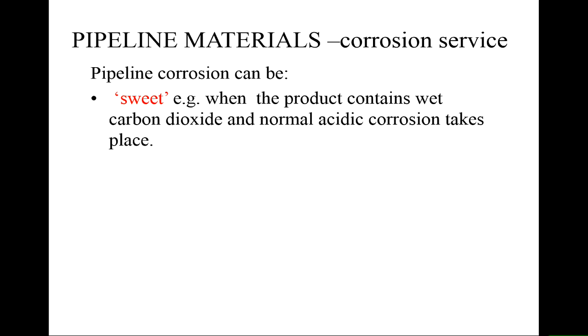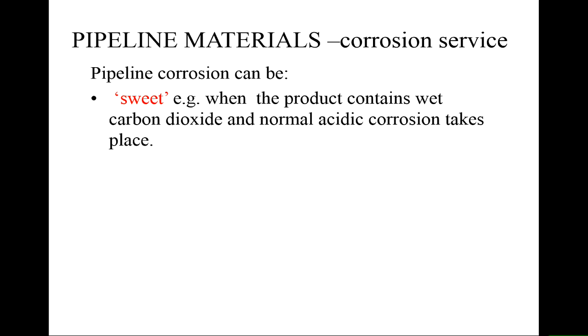Okay, so I've talked about the main materials and manufacturing related points about material selection for pipeline steels. What I want to talk about now is a little bit about selecting appropriate materials for corrosion service. You will get more information in the corrosion module, but this is really about the material selection aspects of that.